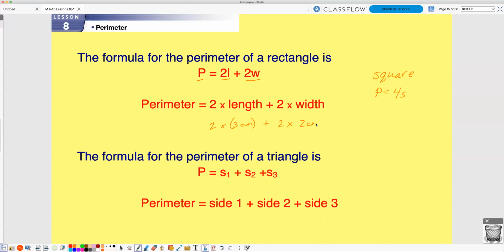So each one of those would then be represented. And then you'd have that all equaling the perimeter of that particular one. So whatever the length of each side is, you have the perimeter equaling 2 lengths plus 2 widths. If you're looking at triangles, which we will, looking at the perimeter, if you start at the top and you work your way around and back to the origin, it's just side 1 plus side 2 plus side 3. You end up with your perimeter, side 1 plus side 2 plus side 3.